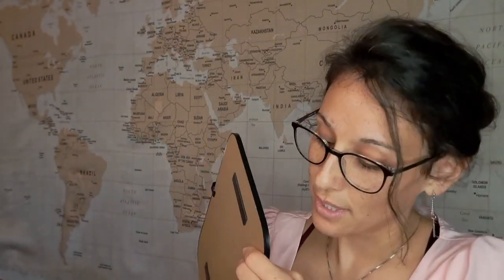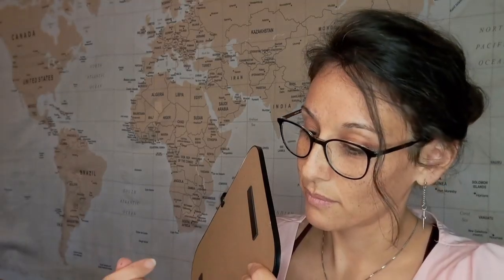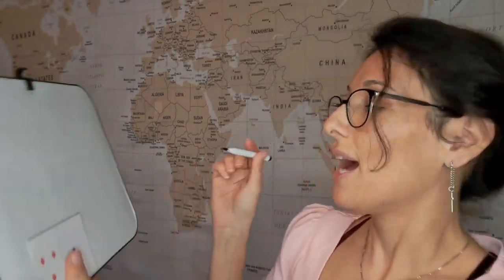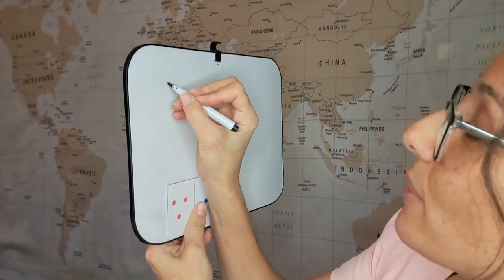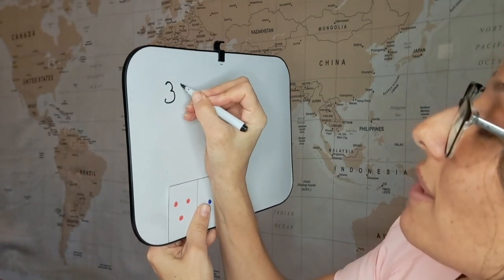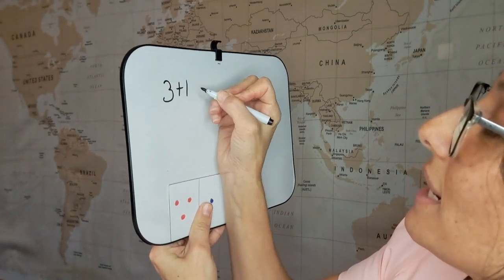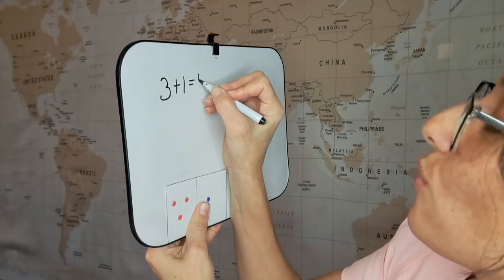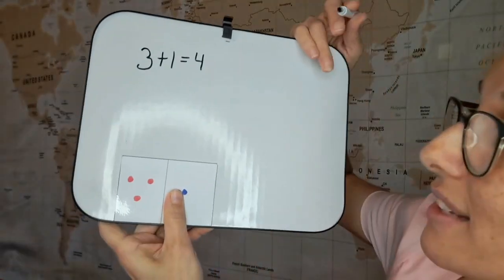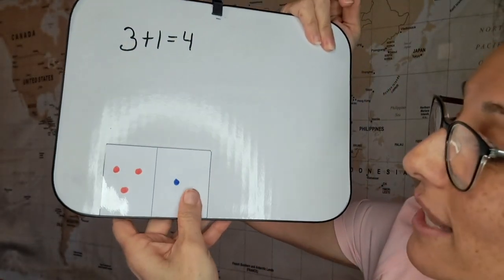I'll write that down. Okay, I'm going to write it down. 3 plus 1 equals 4. And that's that card right there.